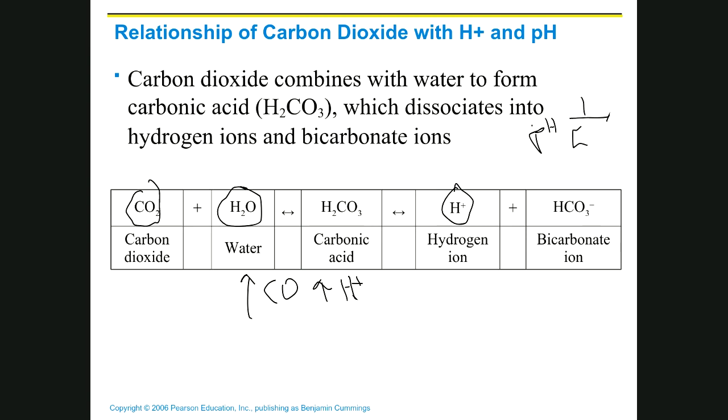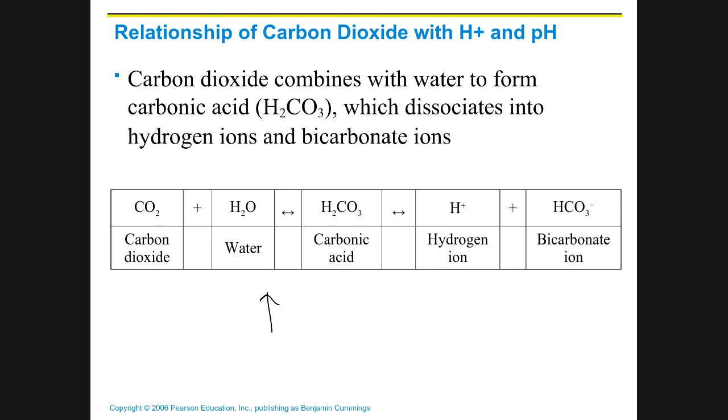So if this number goes up, pH is going to go down. They're very tightly connected. You can't separate them. So automatically, if I increase carbon dioxide, I will increase hydrogen ions, and I will decrease pH automatically.